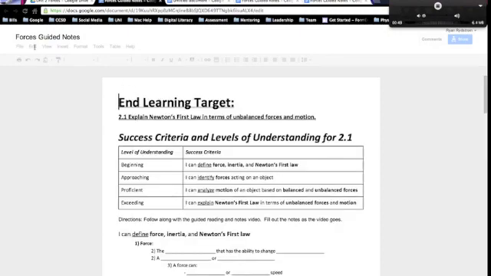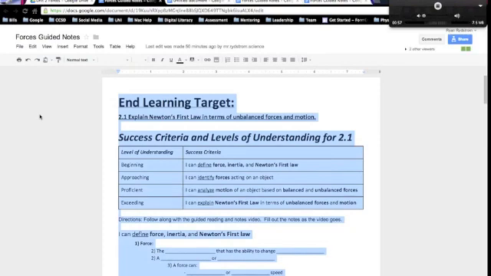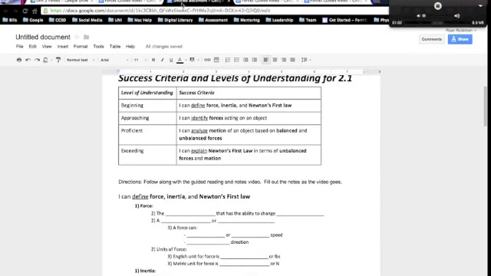So click Edit. Select all. It should become blue. Hit Command C. Go to an untitled document or create an untitled document.